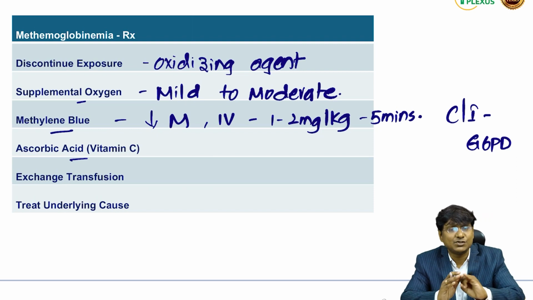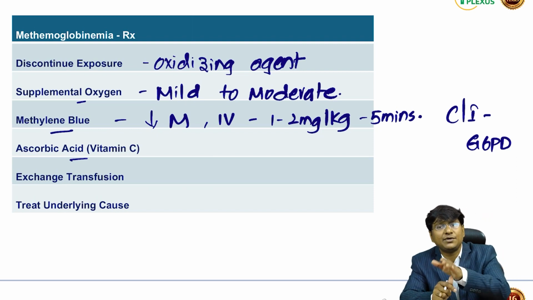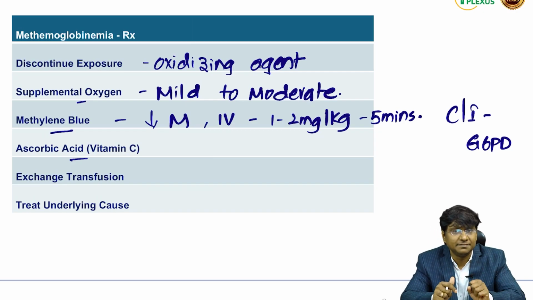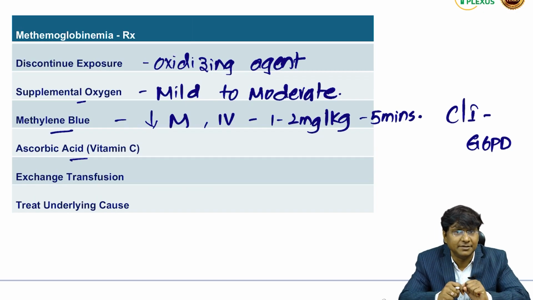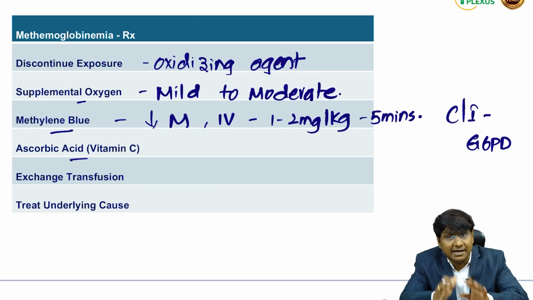Then ascorbic acid, that is vitamin C, has been used as an alternative treatment for methemoglobinemia, particularly in cases where methylene blue is contraindicated or unavailable.